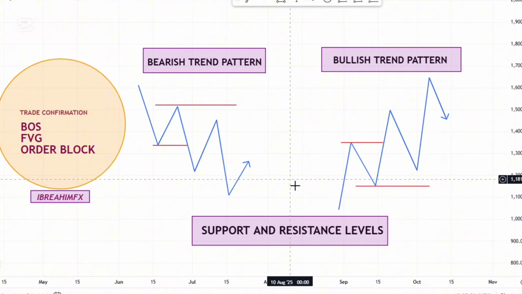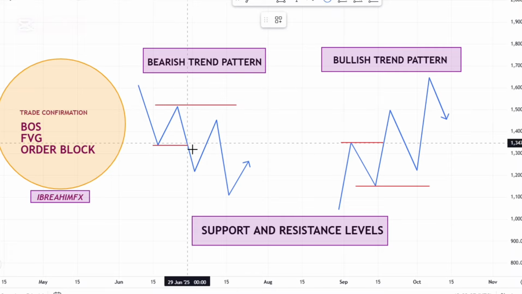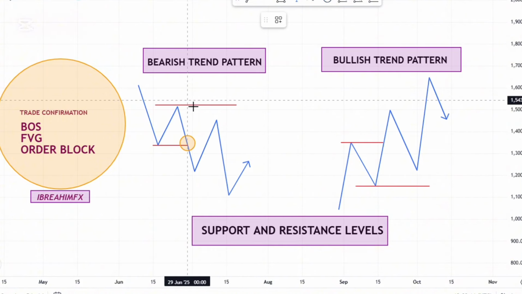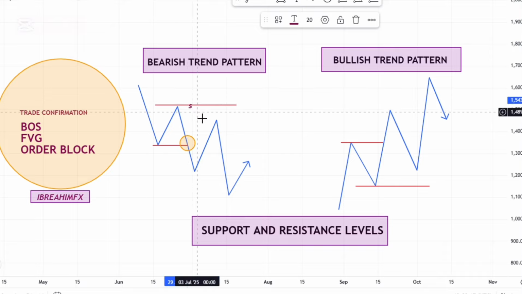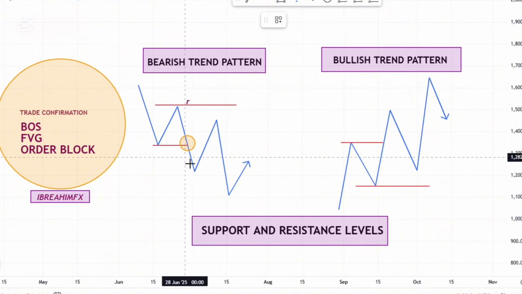Right here, on a bearish trend, the market breaks this support level. As a trader, you have to know the basics of support and resistance levels, and how to identify a support and resistance level.